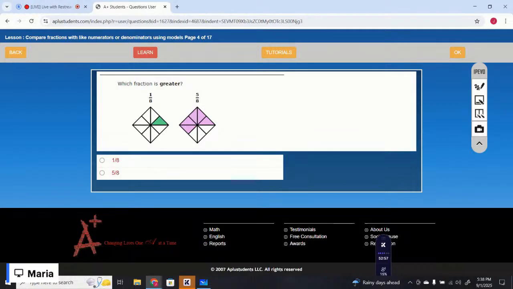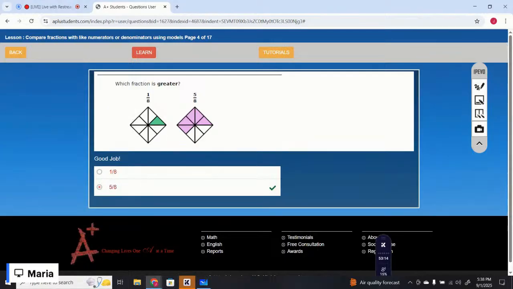Which fraction is greater? 1 by 8, 5 by 8. 5 by 8 is greater than 1 by 8.